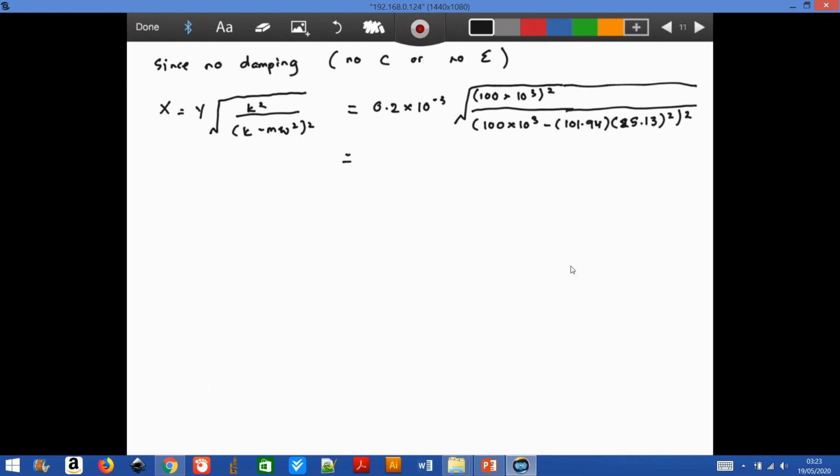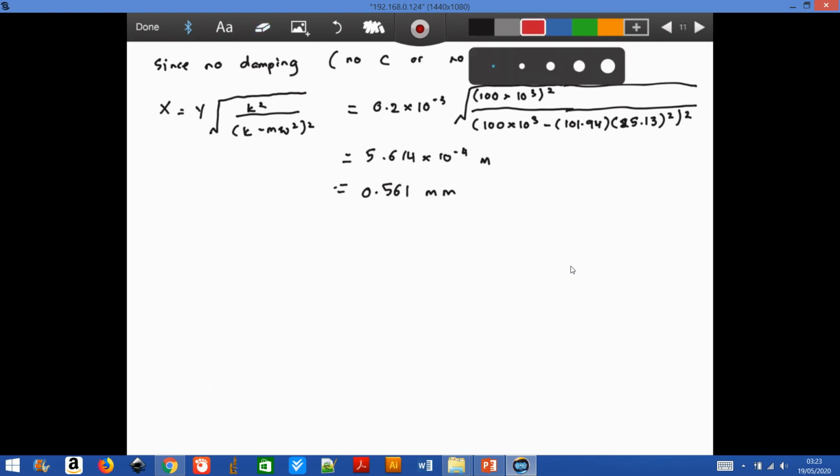So we will get the x value as 5.614 to the power of minus 4 meter, which is equivalent to 0.561 millimeter. Therefore, the question asks us to find the x double dot, the acceleration, which is omega squared x.